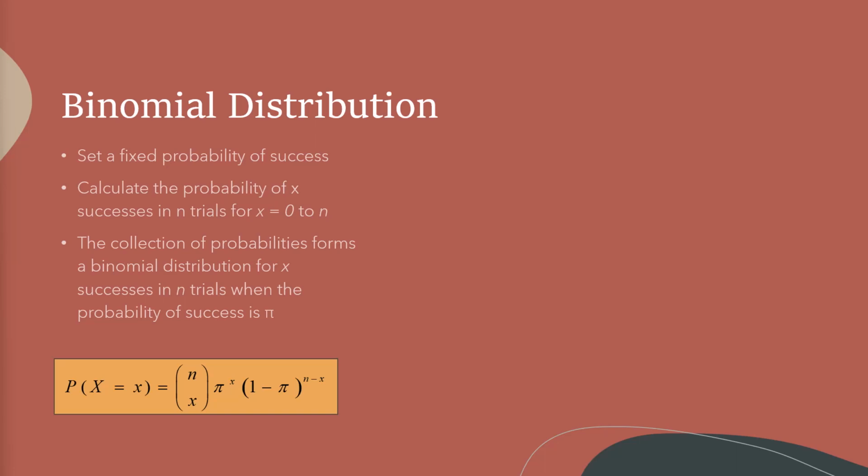Now we calculate the probability of a certain number of successes, we call x, in n trials, but we do it for 0 successes, 1 success, 2 successes, all the way up to n, so everyone is successful out of n trials. That collection of probabilities forms a binomial distribution for x successes in n trials when the probability of success is denoted as pi.